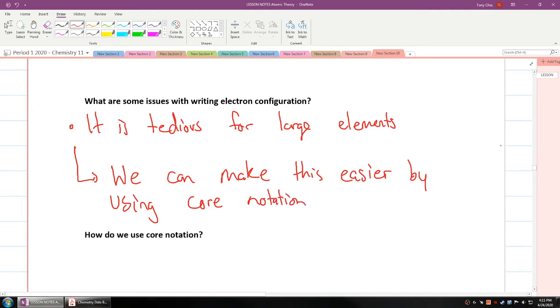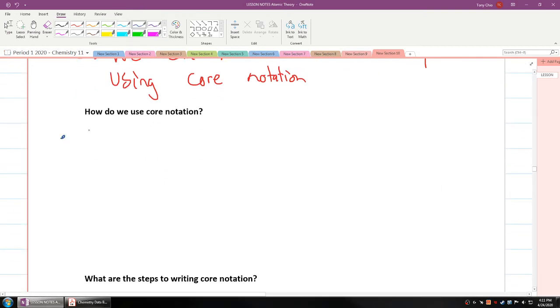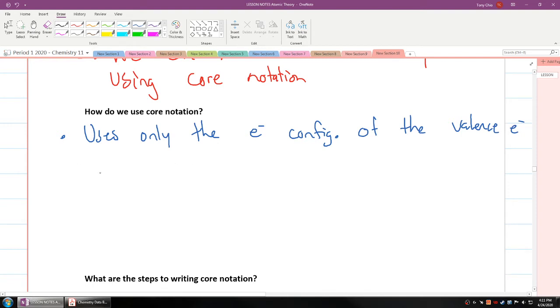So how does core notation work? Well, what core notation does is it uses only the electron configuration of the valence electrons. Hey, valence electrons are coming back. So it only cares about the valence electrons. But you also have to show what we call a fully filled core, aka it has a full shell.